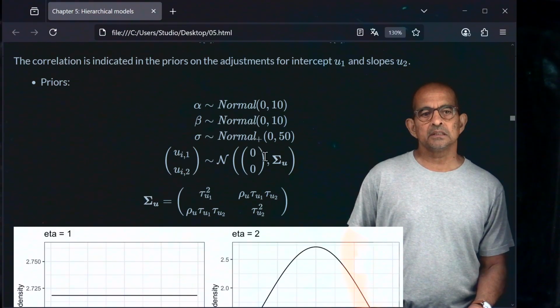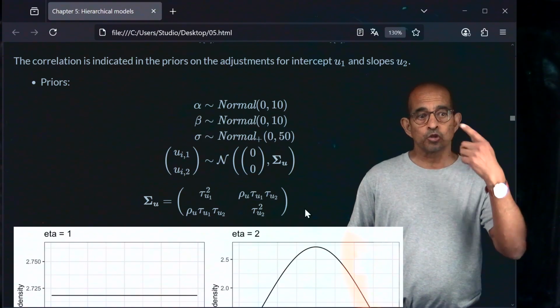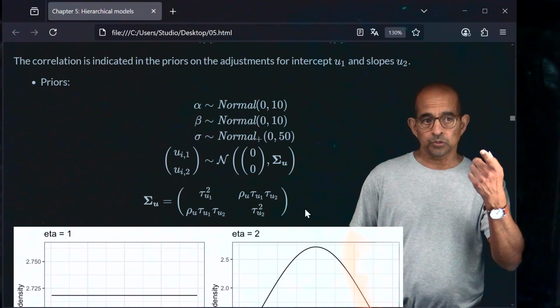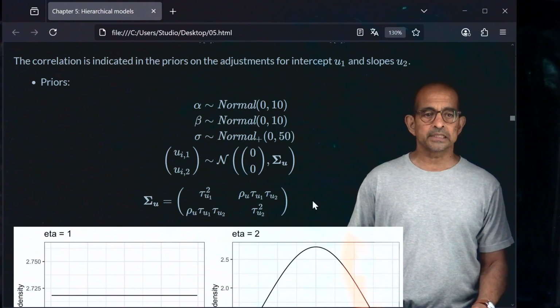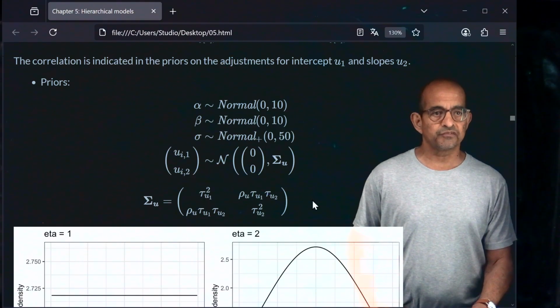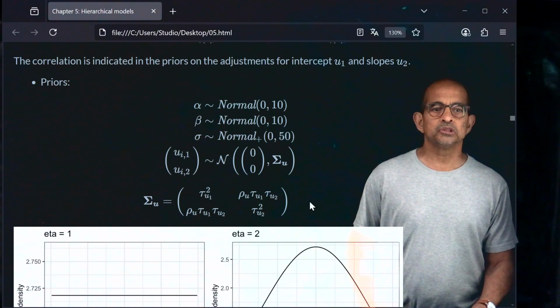The sigma u, big sigma u here, is this variance covariance matrix that I introduced in chapter 1, and you should perhaps go back and review the section on bivariate and multivariate distribution in chapter 1 at this point, in order to refresh your memory about how these kinds of distributions arise.